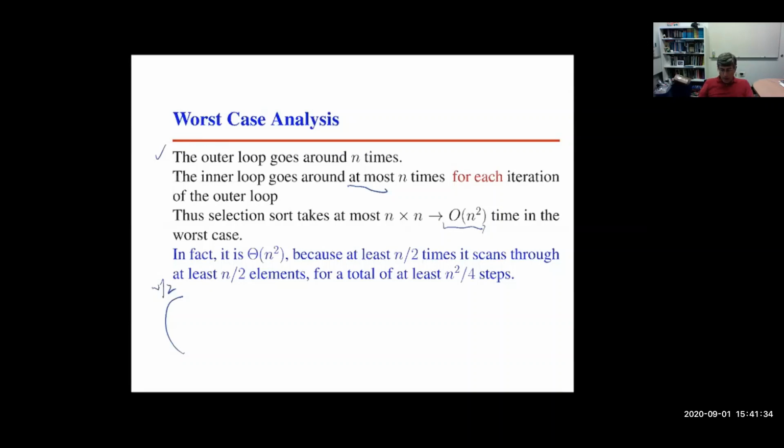And therefore, the total time spent was at least n over 2 times n over 2, or n squared over 4 steps. And that's how I got my theta. Any questions about that? Any questions about how you might take selection sort and see that it is in fact a worst case n squared algorithm? Okay, good.